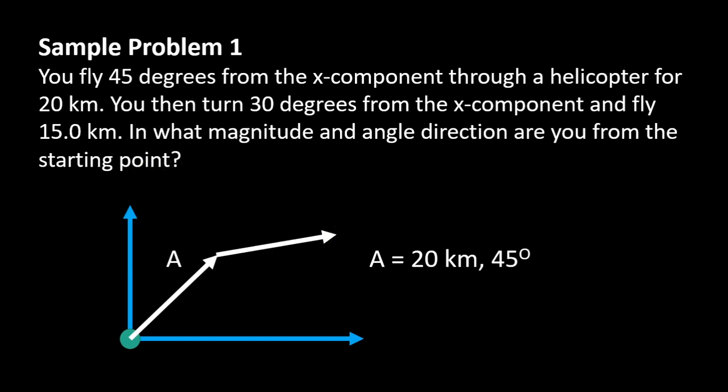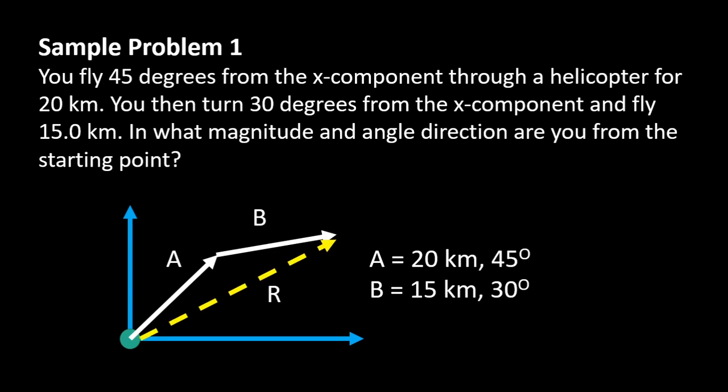Let's label it as vector B. We label vector B with 15 kilometers and 30 degrees. This yellow line here is the resultant vector. Let's label it as vector R.